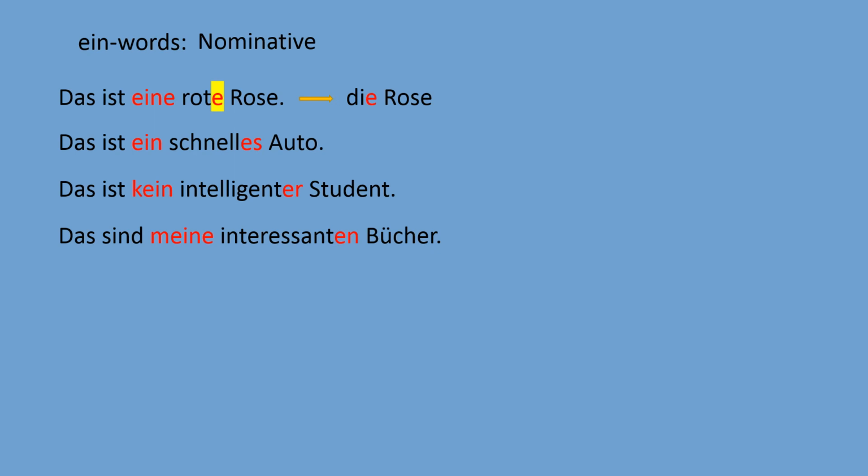Now, the adjective will indicate the gender of our noun. The same with car. You remember that car is das Auto. So look, we took this s from das and we use it with the adjective. Student is der Student, so this is a male student. Der Student, we use ending er at the end of our adjective. For plural forms, keep in mind we always use ending en.